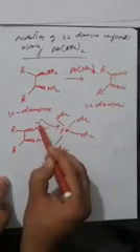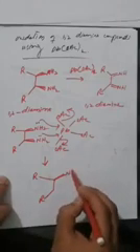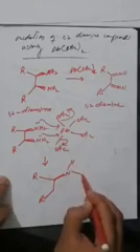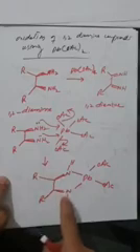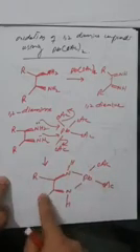The lone pair of nitrogen attacks at this lead, and this acetate ion leaves. The same way, this attacks over this lead and acetate ion leaves, and then deprotonation occurs and you will get this intermediate. I'm sure you can easily reach this intermediate.